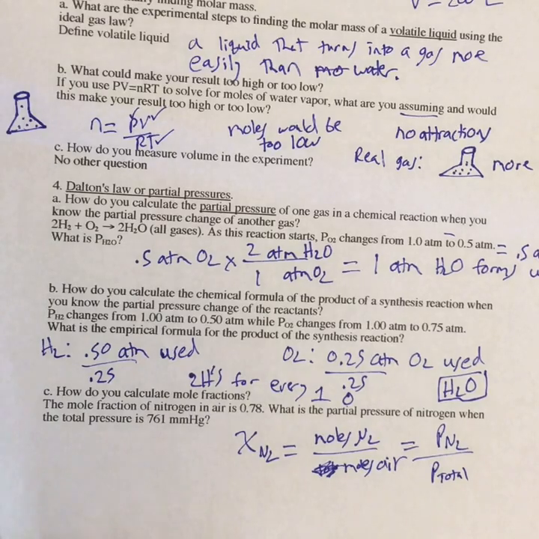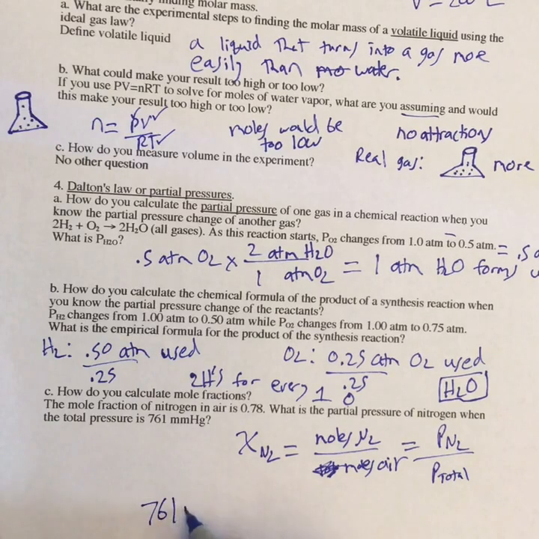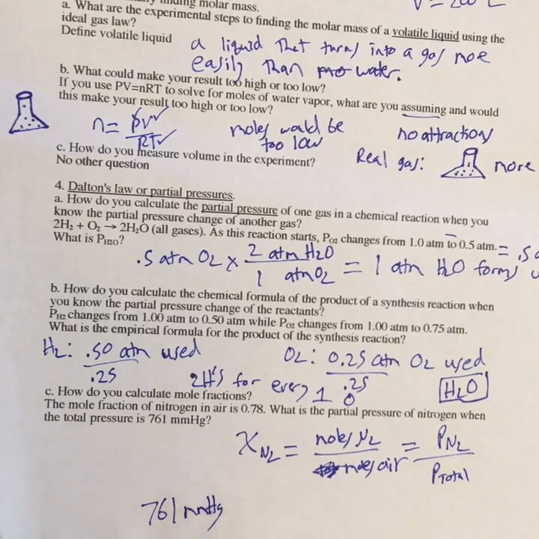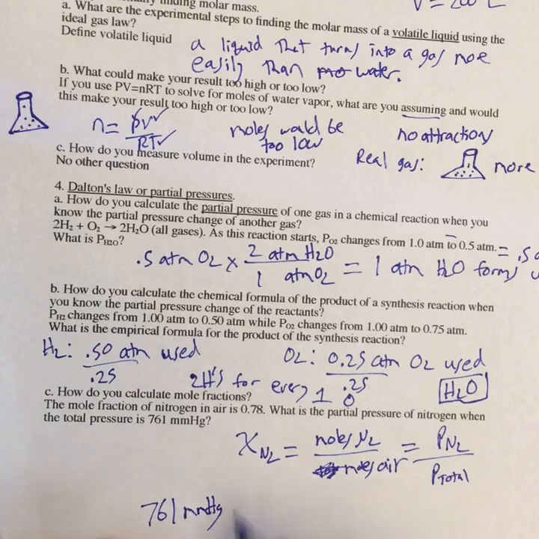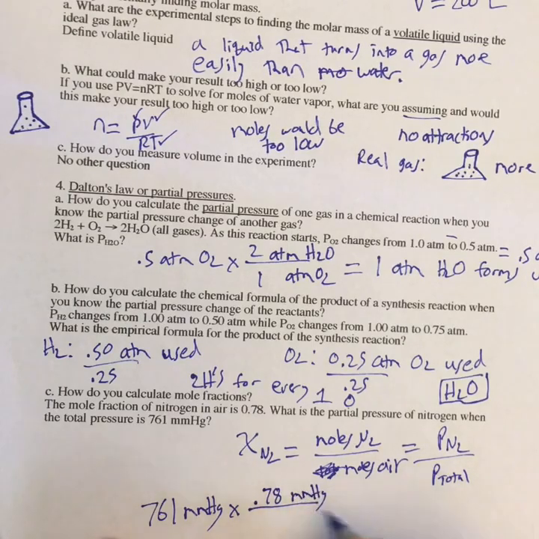And so then I have the total pressure, so I can use this as a conversion fraction to figure out the answer. So 761 millimeters of mercury, and then times 0.78 millimeters of mercury of nitrogen over 1.